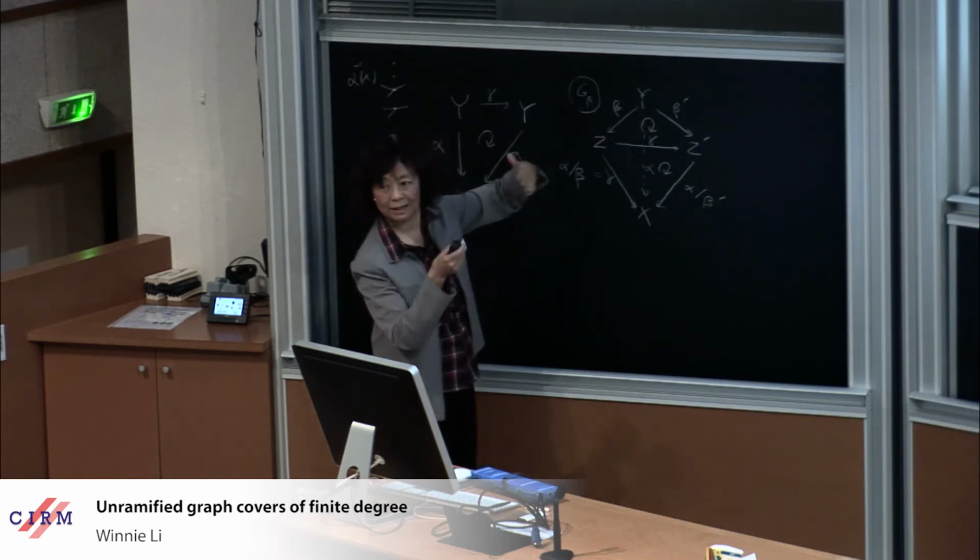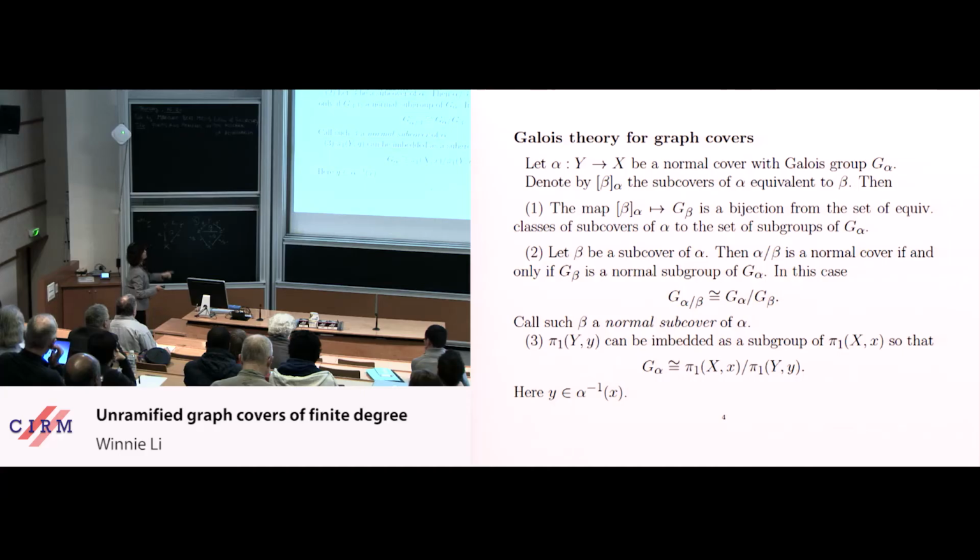That's exactly the same as what happens in number theory. In the case of graphs, when G beta is a normal subgroup, I'm just going to call this beta a normal subcover for short.